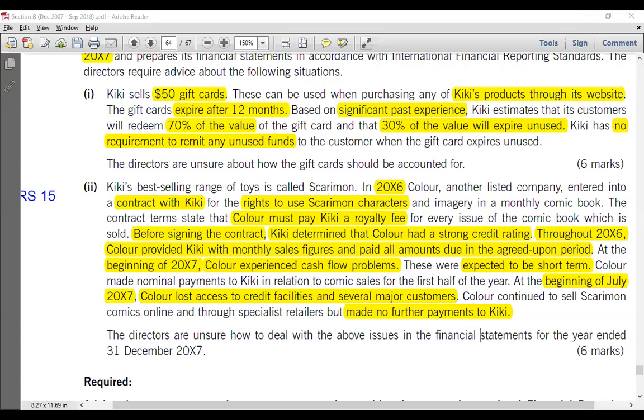So we are going to say that as per IFRS 15, step 1 is to identify the contract where the consideration received should be probable.